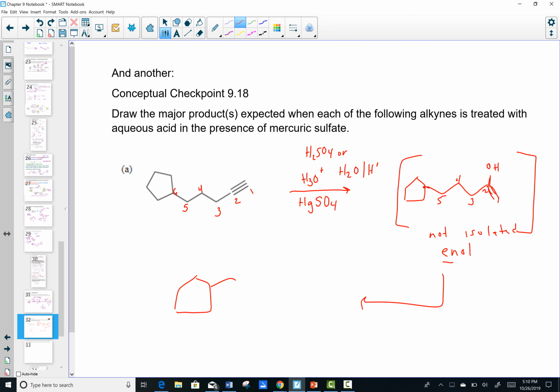Cyclopentane, 1, 2, 3, 4, 5. Whoops, I missed one. That's why it's always good to number, make sure you're not missing any. Come down, up, down again. And at carbon number 2 is the ketone. Let's count to be sure I have enough carbons.